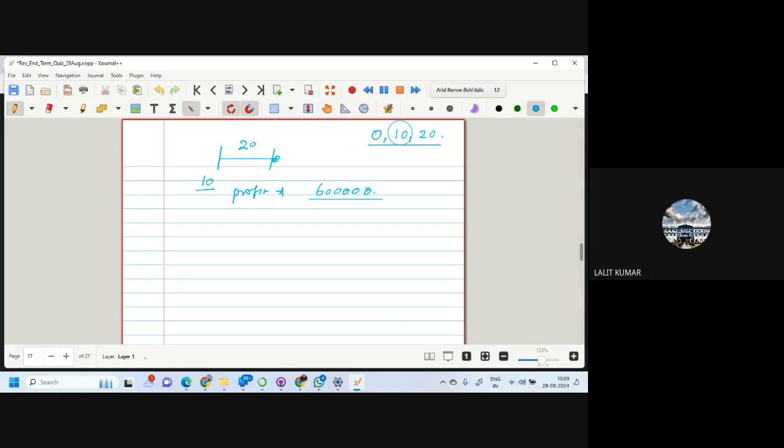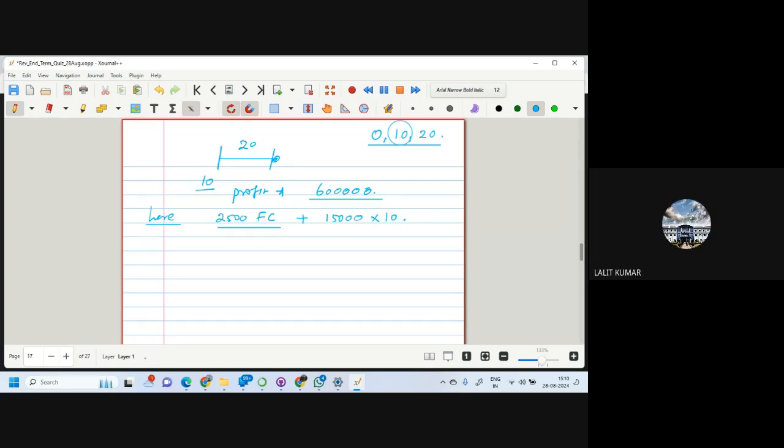Here what will happen is that you will order, so there is 2500 into 10. This is your ordering cost. Ordering cost is 2500 only, this is the fixed cost. And there was also 15,000 per item. Yes, correct.